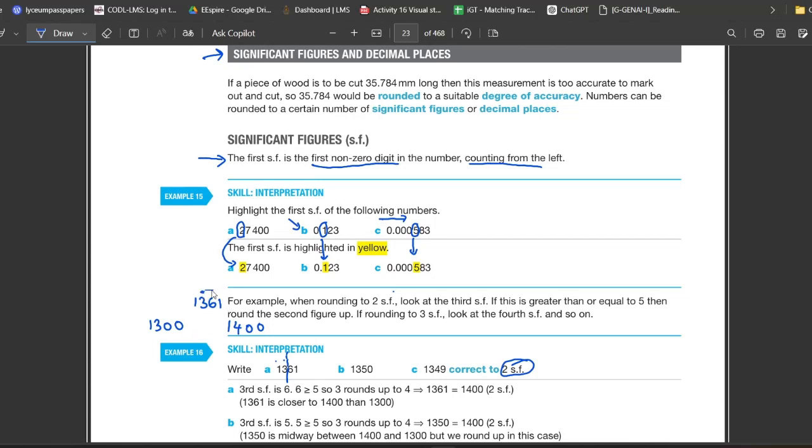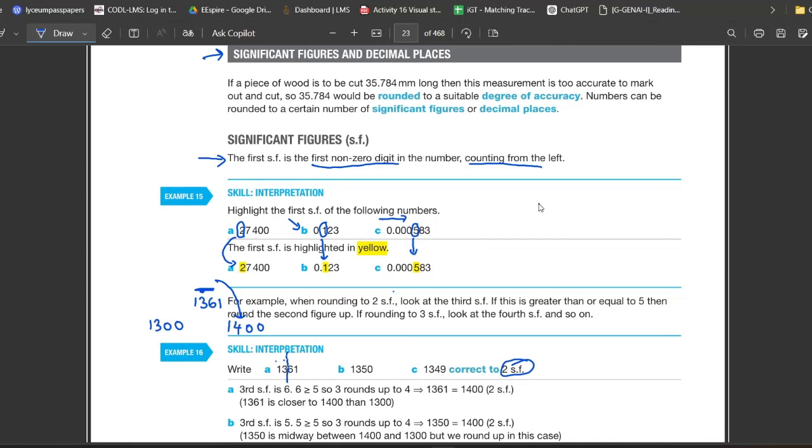If this number is closer to 1400, it should be the answer. So if we look at this 1361, you can see it is closer to 1400. So 1400 is our answer correct to two significant figures because of the 61.